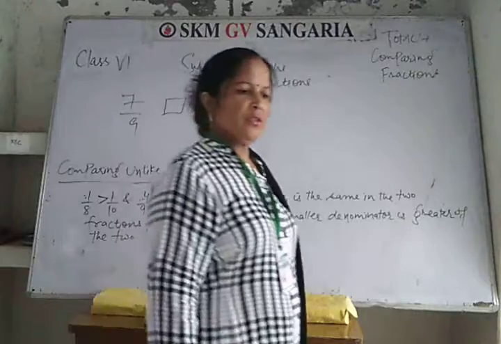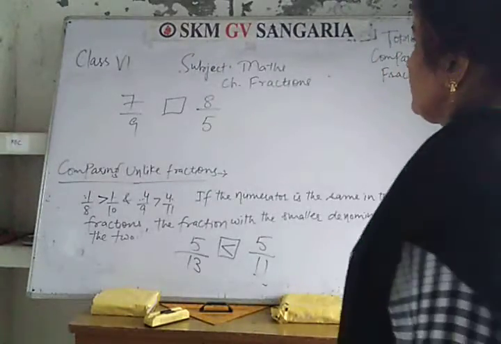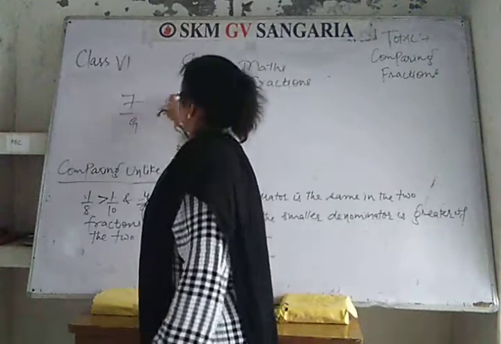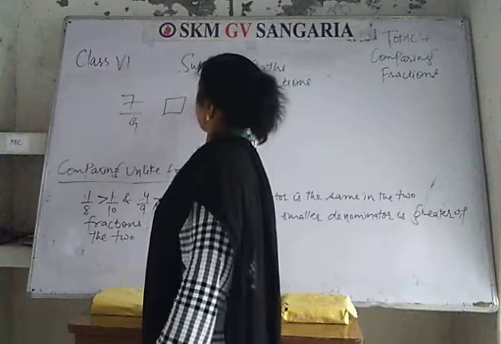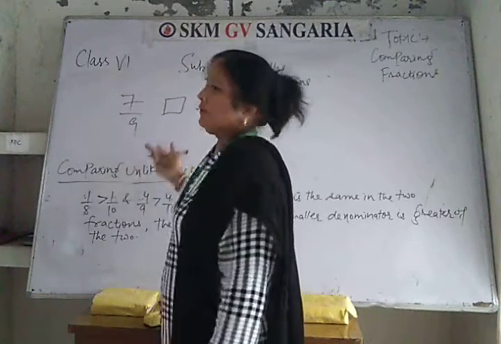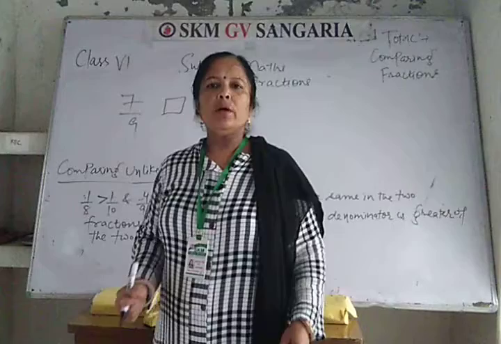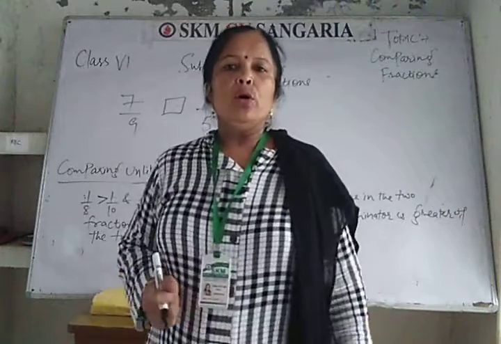In both fractions the numerators are different, 7 in one and 8 in the other. The denominators are different, 9 and 5. So how to compare in that case? What do we do?